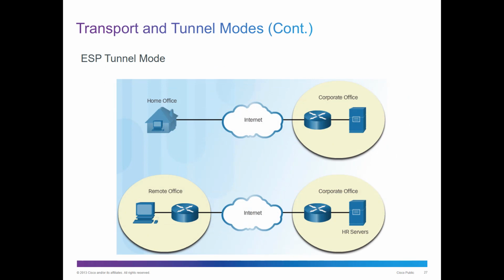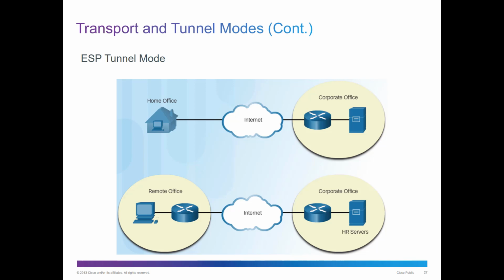The important part here is tunnel mode protects the internal routing information by encrypting the IP header of the original packet. Transport mode encrypts only the payload so that the IP header of the original packet is not encrypted. So there are some differences between the two.